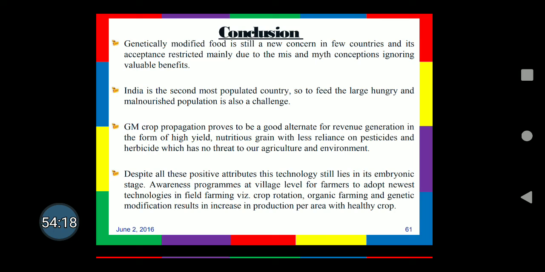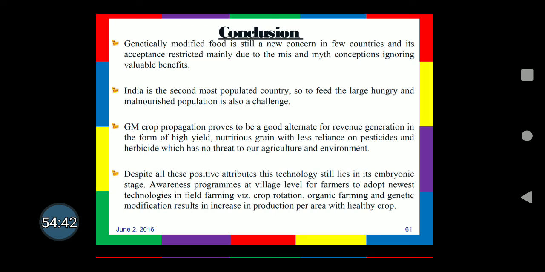GM crop propagation proves to be a good alternative for revenue generation in the form of high yield and nutritionally rich grain, with less reliance on pesticides and herbicides, which poses no threat to our agriculture and environment. Despite all these positive attributes, this technology is still in an embryonic stage.